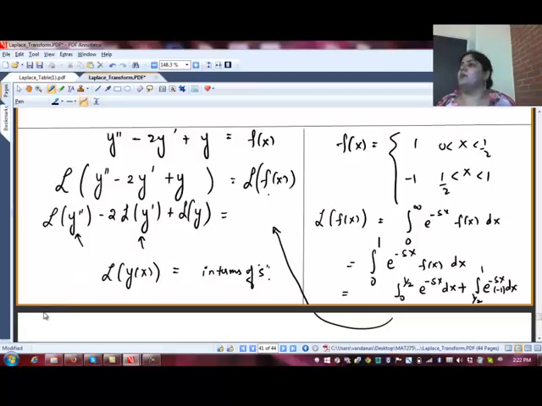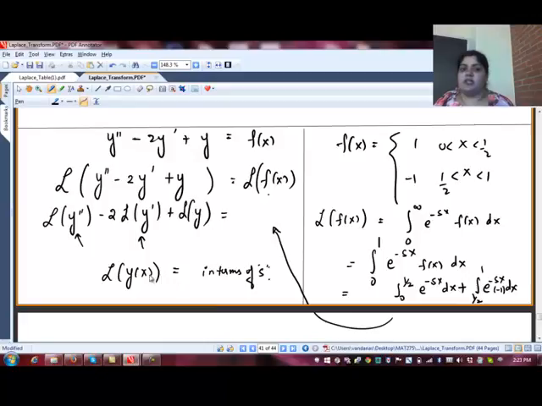Still we don't have the function. Then the next strategy, which I will be going over next week, will be inverting the Laplace transform, taking the inverse of this and getting back my function y. And that's how we will eventually solve these problems.